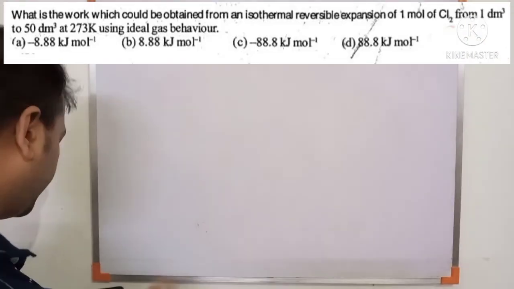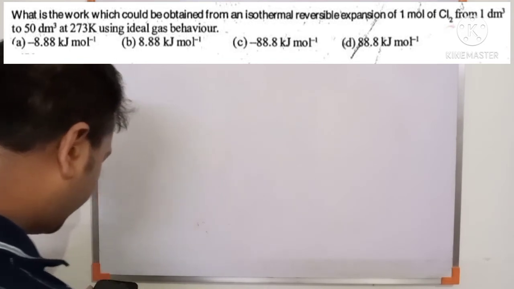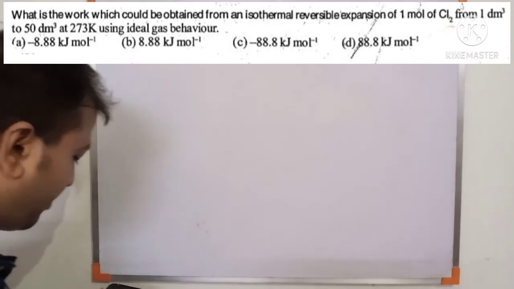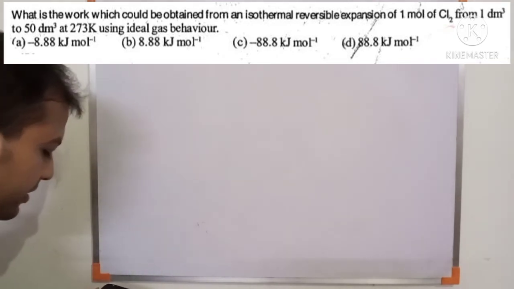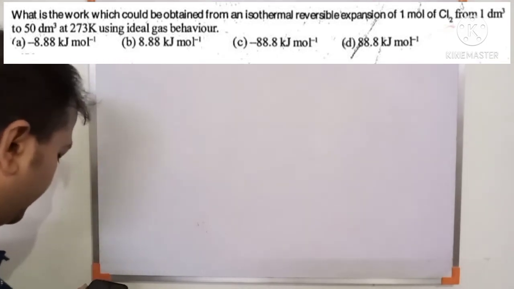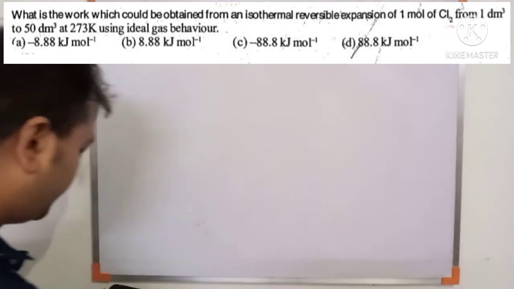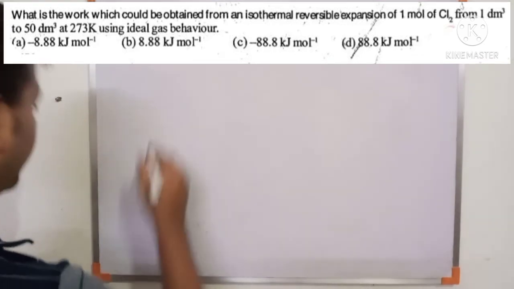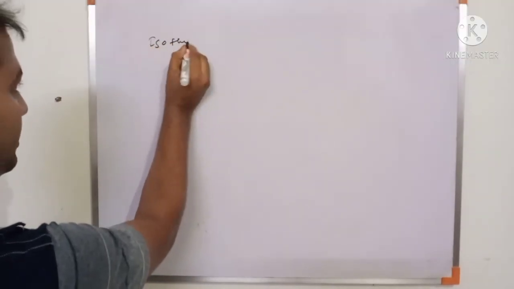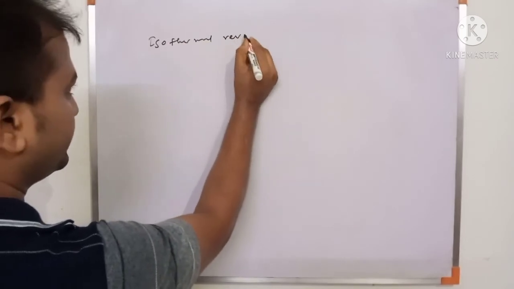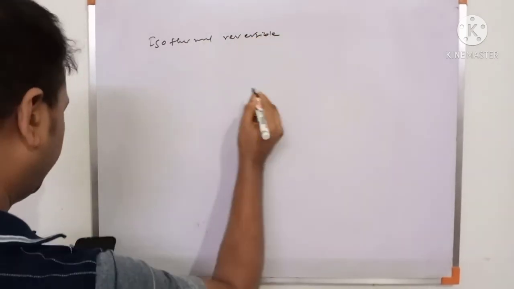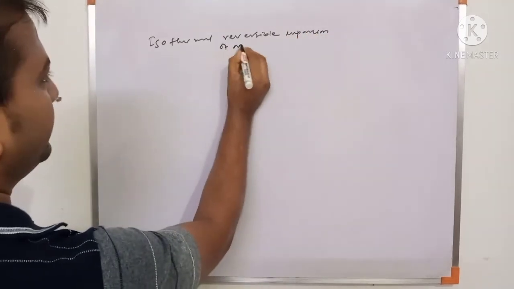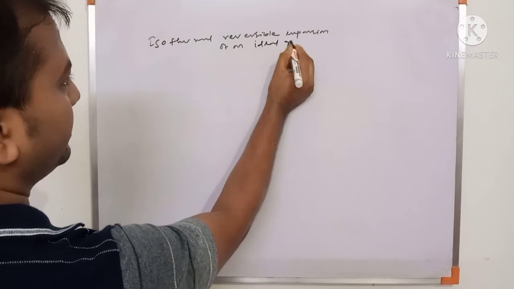You are watching on the screen. What is the work which could be obtained from an isothermal reversible expansion of 1 mole of Cl2 from 1 decimeter cube to 50 decimeter cube at 273 Kelvin using ideal gas behavior? So this is the case of isothermal reversible expansion of an ideal gas.